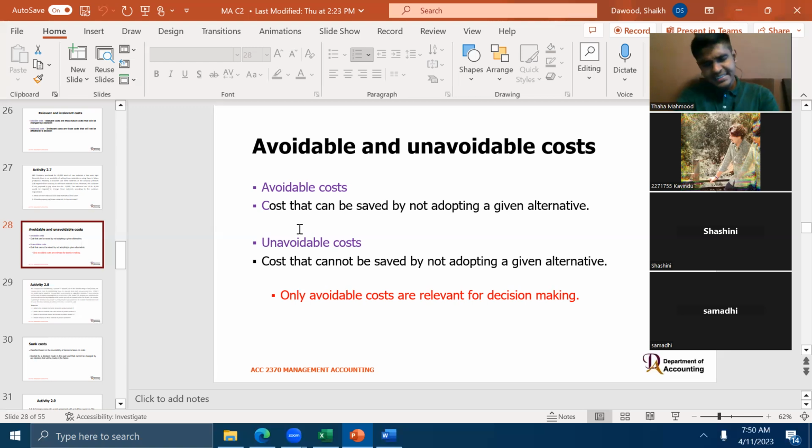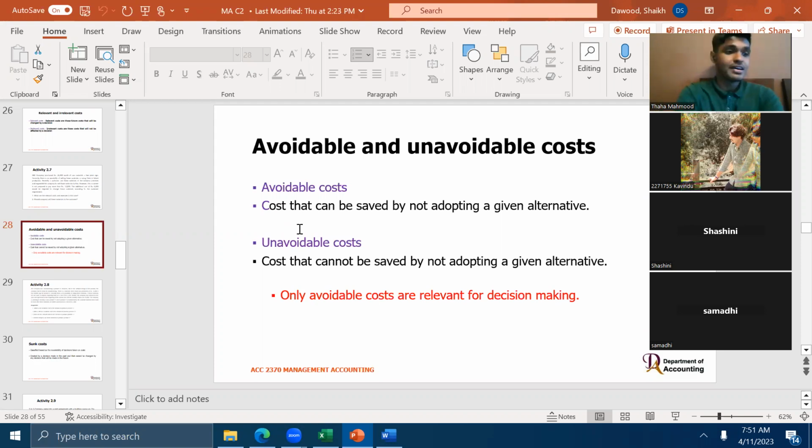Regardless of any decision we make in the organization, we can never take this rent as a relevant cost, because regardless of any decision we make, that cost is unavoidable. We are legally obligated to pay rent.